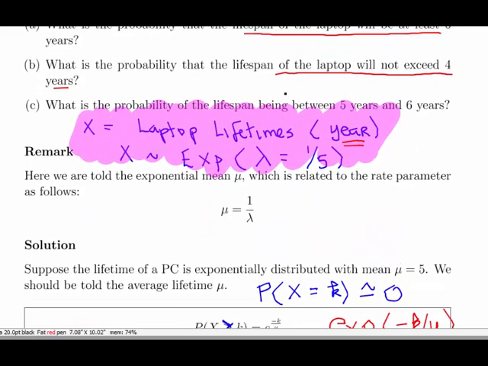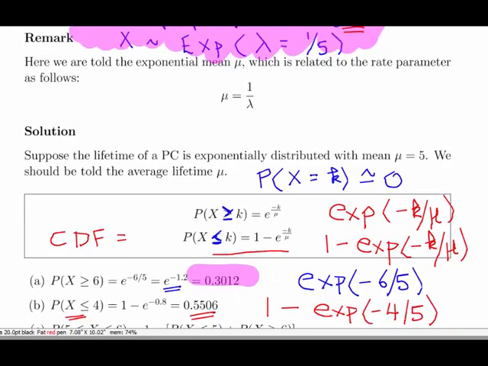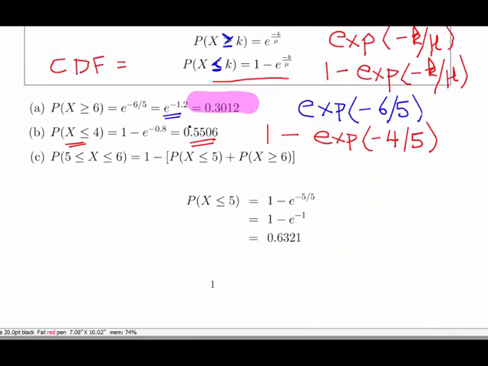Now, that's part A and B. Part C is, what is the probability of the lifespan being between 5 years and 6 years? In the first case, I actually don't have a similar video with similar numbers, but I took a different approach to it, so I'm going to take a different approach in this video.